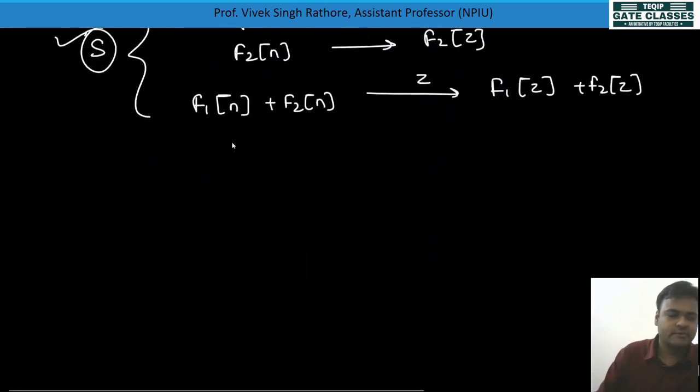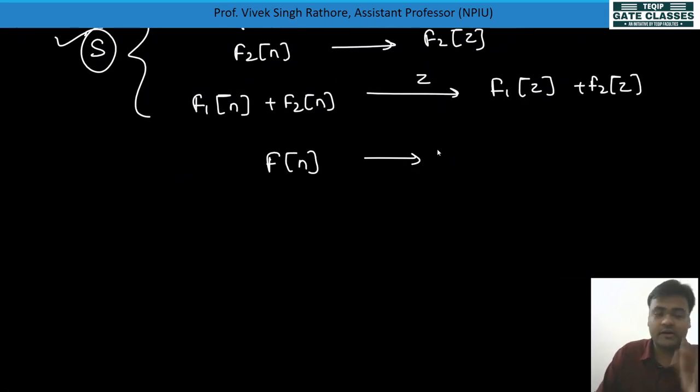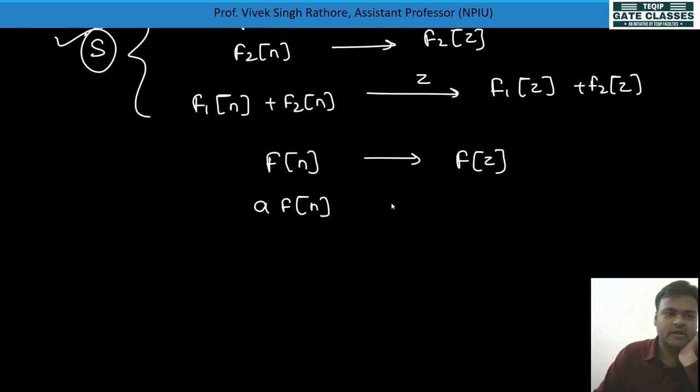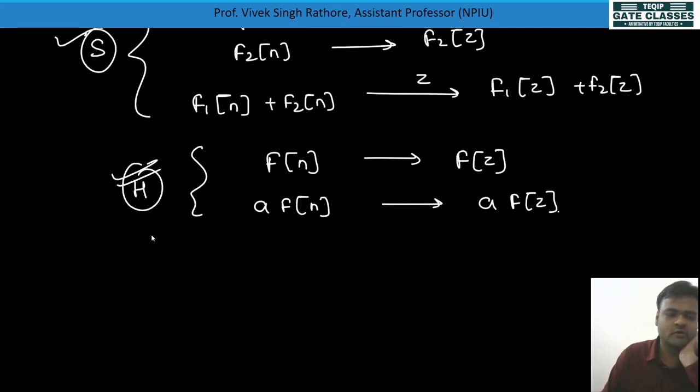Now let's suppose you have given f of n as input to a signal. If you take the Z transform of f of n, you will get f of z. Let's suppose you have multiplied by a scalar quantity and then taken the Z transform, and if you get the same scalar in the Z transform also, then this property satisfies homogeneity. So Z transform satisfies both.